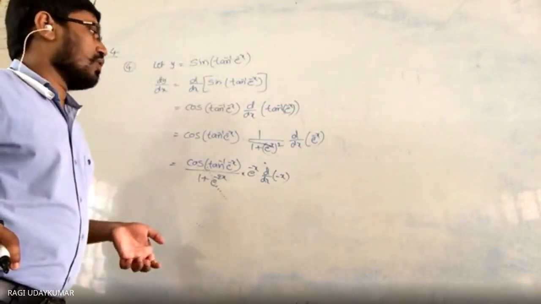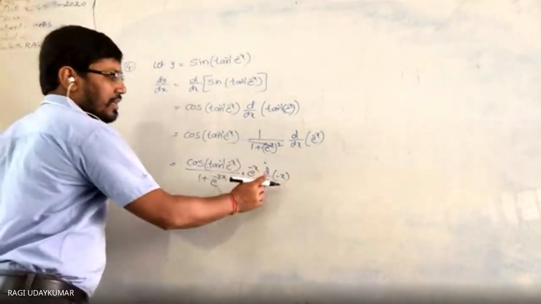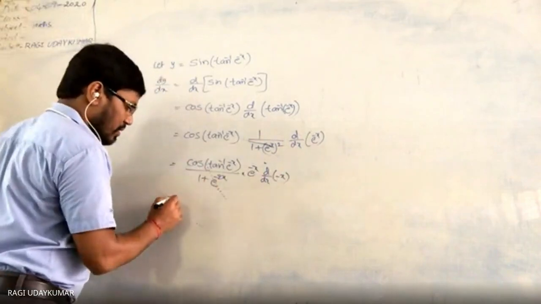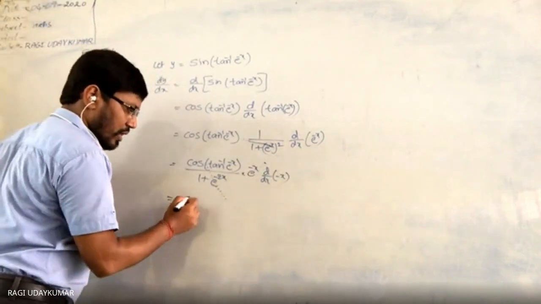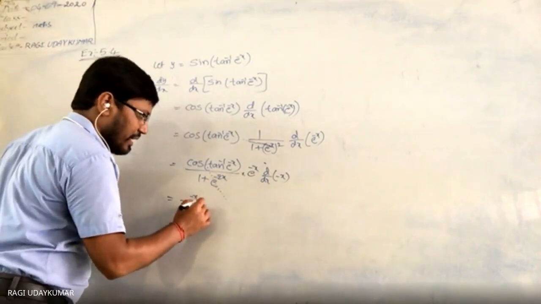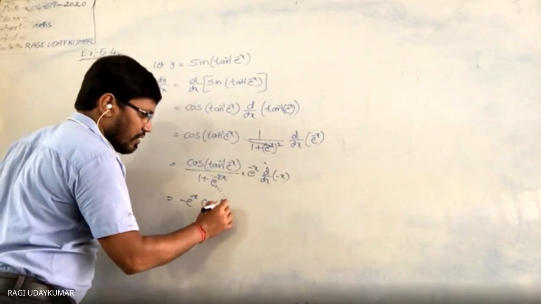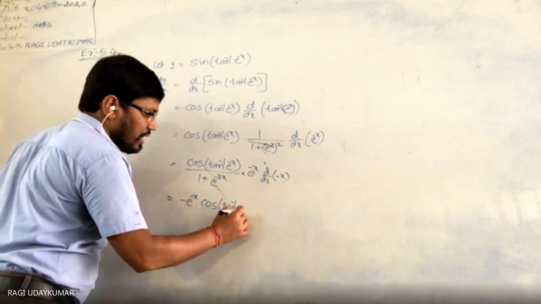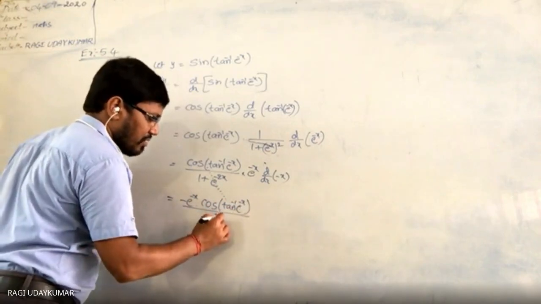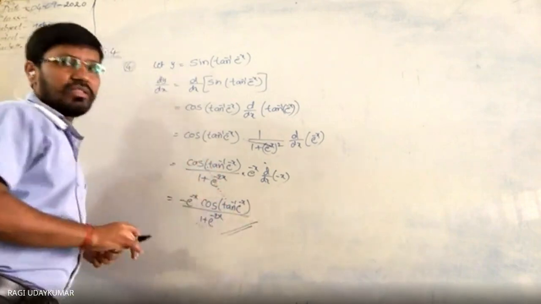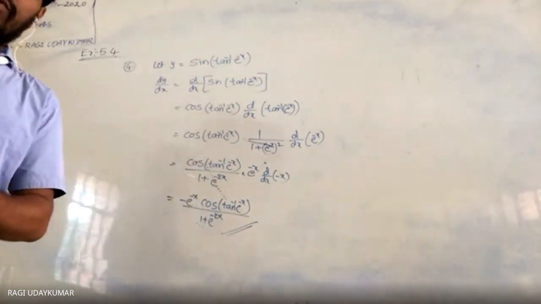Differentiation of the minus x is minus, so that minus I am writing first. Next, e power minus x into cos of tan inverse e power minus x by 1 plus e power minus 2x. So this is the final answer for the fourth problem.